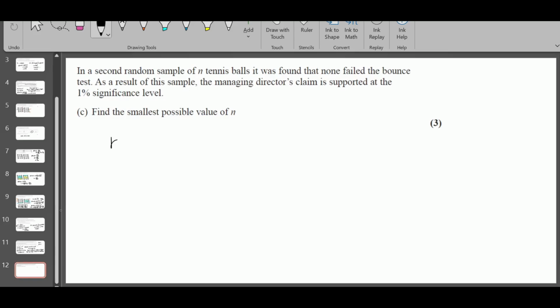Okay, we got H0 is this, H1 is this. This is the manager's claim. When do we accept this? When the calculated probability is less than the significance level, or the observed value lies in the critical region.